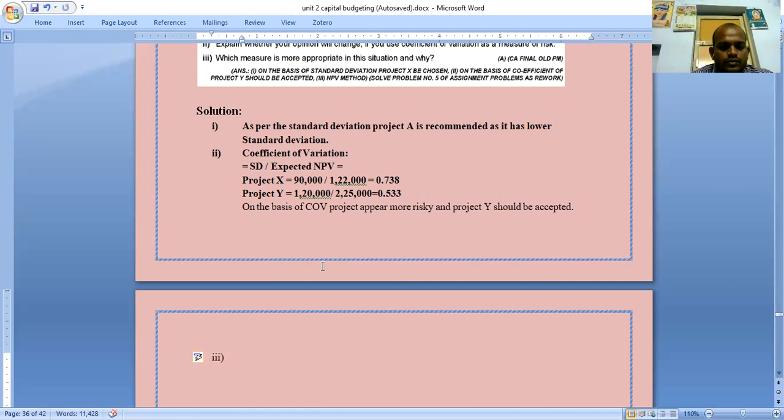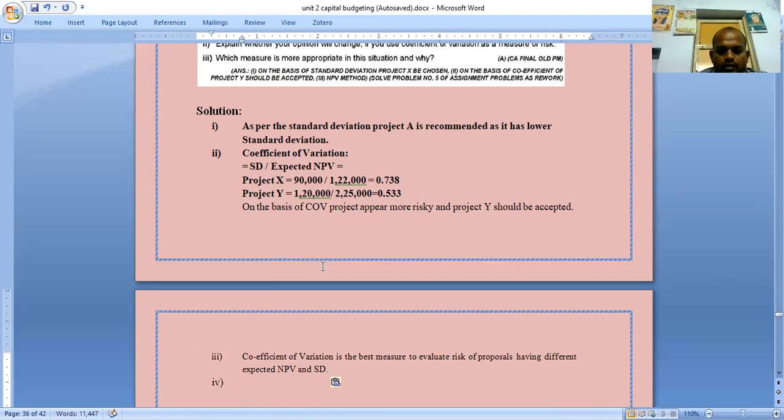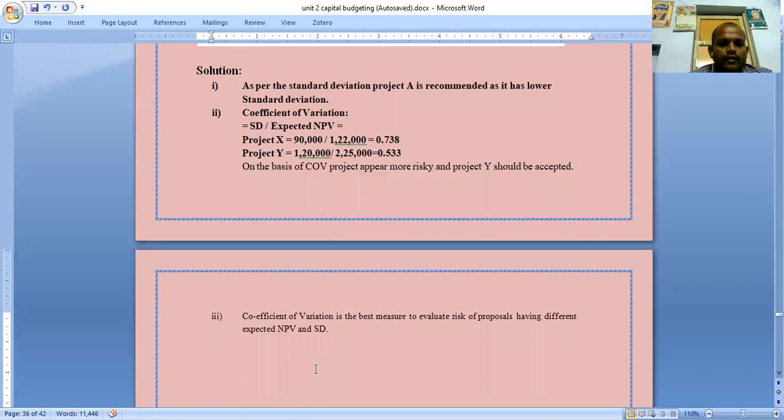So that is the reason: coefficient of variation is the best measure to evaluate the risk of proposals having different expected NPV and standard deviation.